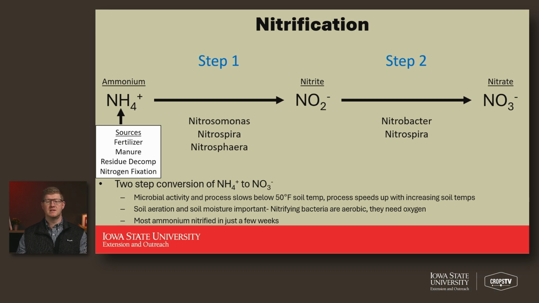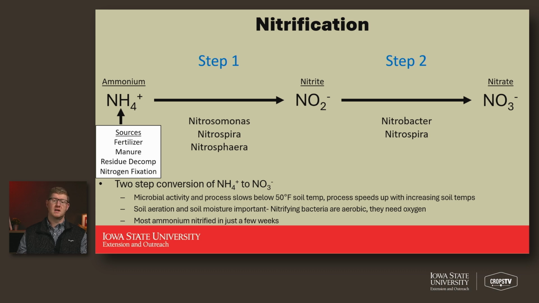The primary reason is that once we drop below 50 degrees, the microbial activity in the soil tends to slow down. And the further that we get below 50 degrees Fahrenheit, the less active the microbes actually are. And so, if we reduce the microbial activity in the soil, we reduce the amount of nitrification that's occurring, meaning that we keep more ammonium in the soil rather than converting to nitrate, which has the potential to be lost.